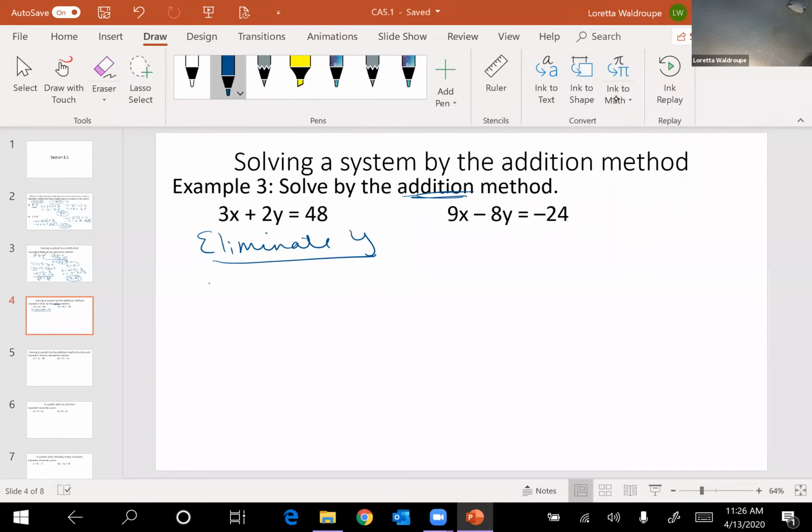So look at my two equations. So I got 3x plus 2y equals 48. And 9x minus 8y is a negative 24.